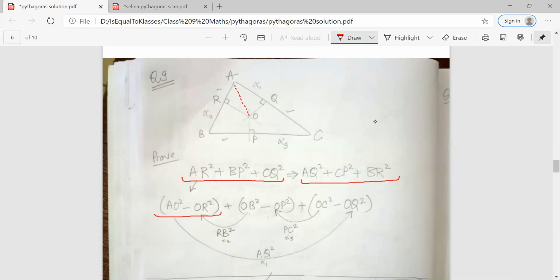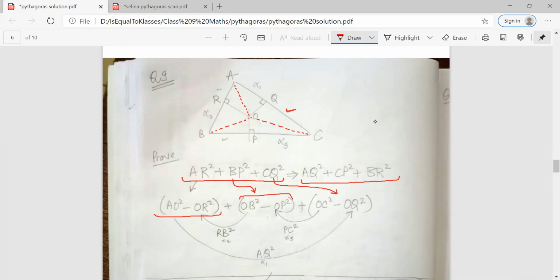Then when I have to write BP square, I write BP square as OB square minus OP square. This is what I've written here. And I write CQ square. CQ is this line. So CQ square, I join these two, I can write as OC square minus OQ square. Any doubt, Mr. Rudra? No, sir.